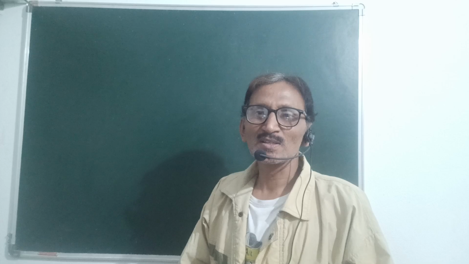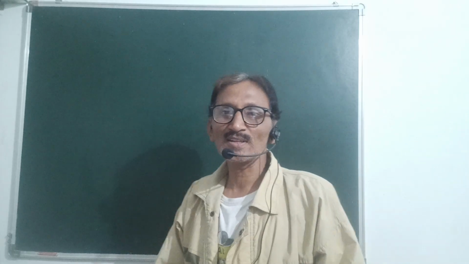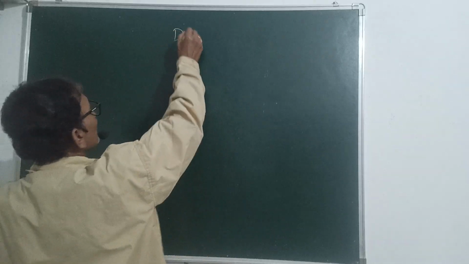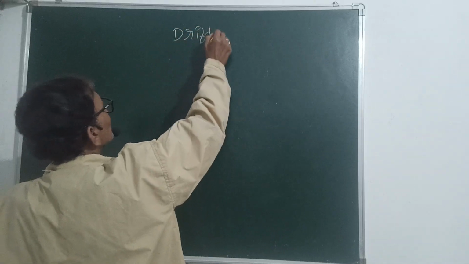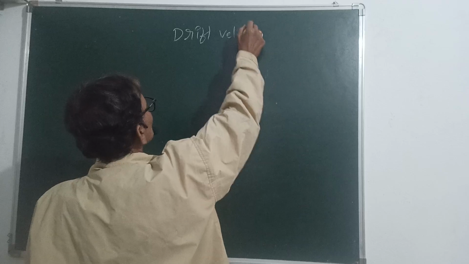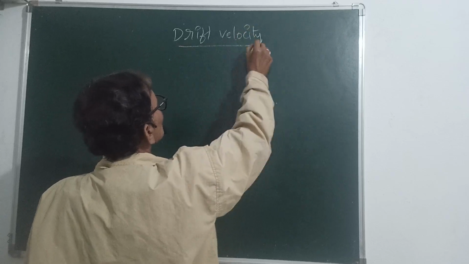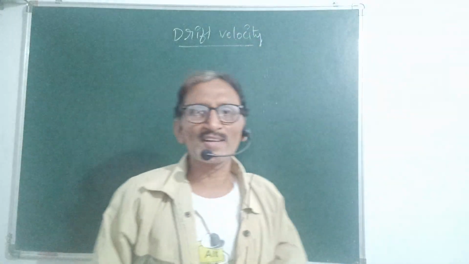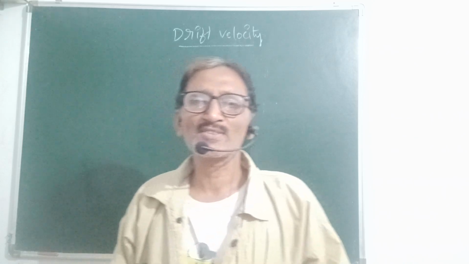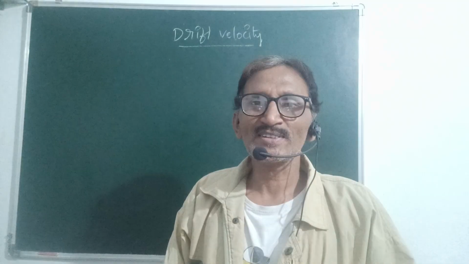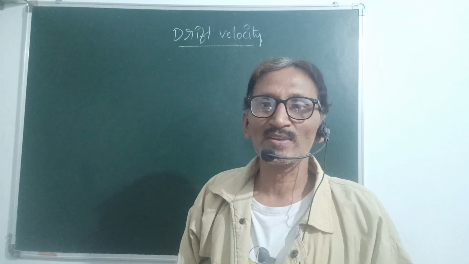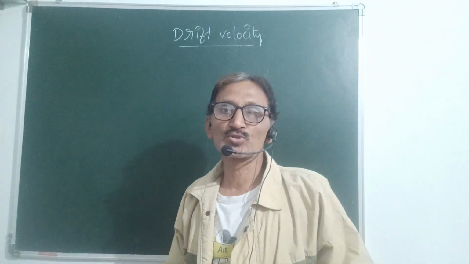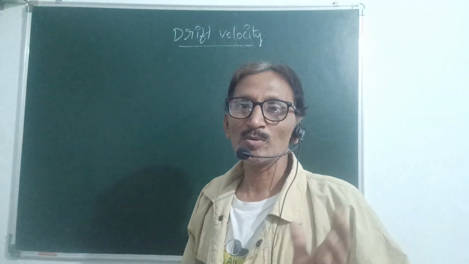Today our topic is drift velocity. What is drift velocity? So let us discuss the drift velocity. You know, in a conductor there are so many electrons. When this conductor is connected across the terminals of a battery, an external source, the charges start moving.